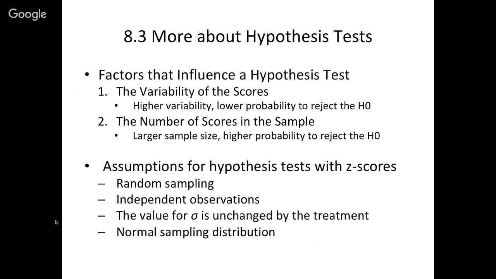So the assumptions for hypothesis testing with z-scores, we have 4 assumptions. The first one is random sampling, right? Because random sampling is the basic assumption of the probability in the normal distribution. And the second one is independent observations, meaning the individuals will not depend on one another.